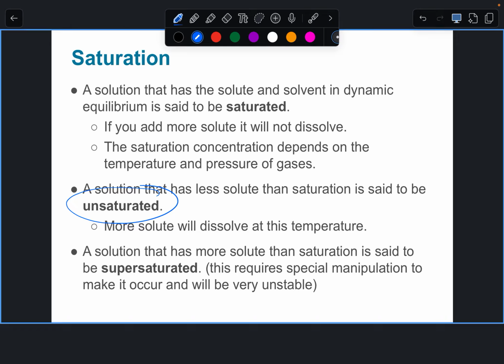So let's pretend at cool water you can hold 100 grams of sugar. And the hot water you can hold 120, okay? As you cool down that hot water that has 120 grams of sugar, if you do it really carefully, you can keep all 120 grams of sugar in the water. So that would be considered a supersaturated solution, like it has more than it's really supposed to at that particular temperature.